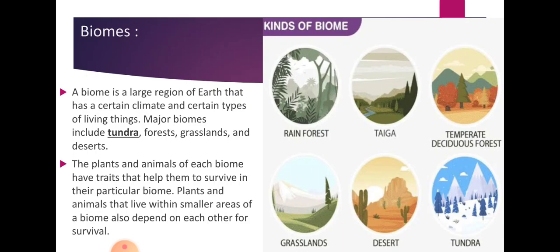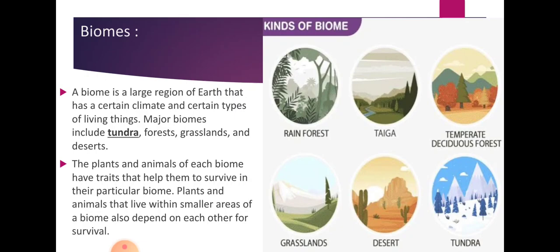The animals are those which can adapt to the dry area or dry climate, such as xerophyte plants or xerophyte animals. These kinds of animals and plants are found in almost all regions where the desert is found. So they have a specific climate and specific living things. This is the biome.